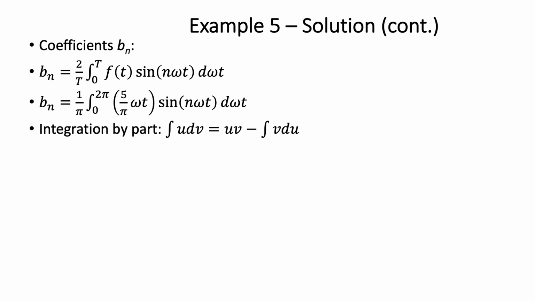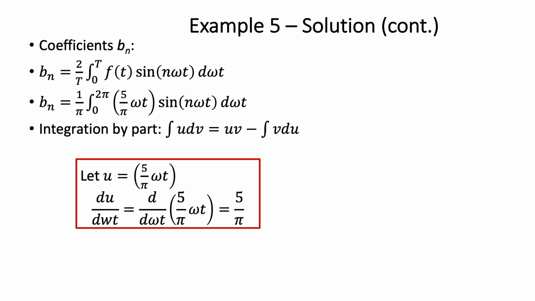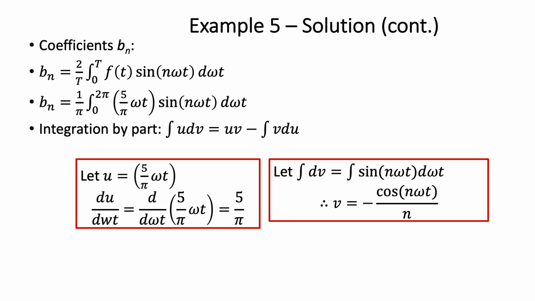We have to do integration by parts. Let u equal 5 over π ωt. Our du over dωt equals 5 over π. And our integral dv equals integral sin nωt dωt. And therefore, v equals minus cos nωt over n.